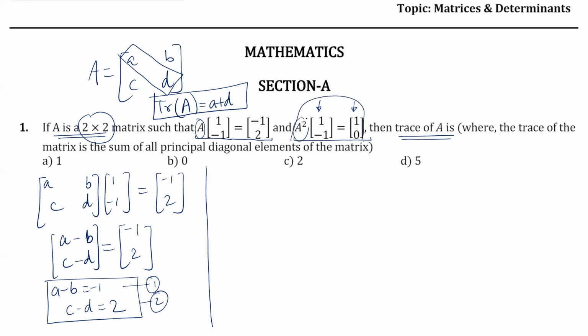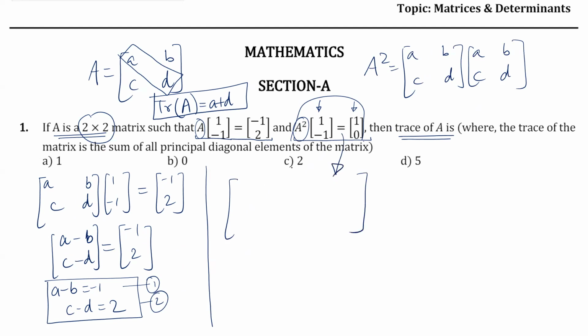So here you will need A square. A square will be [a b; c d] times [a b; c d]. A into A will be a square plus b into c. You know the matrix multiplication nicely.